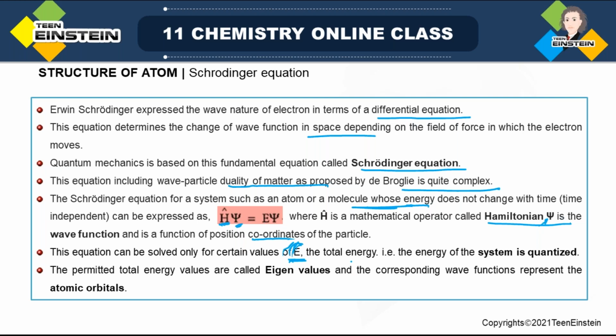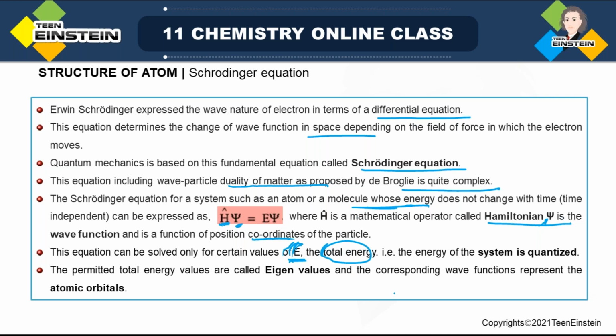If you consider attraction between electron and proton, there is attraction. If you consider two similarly charged particles like two electrons or two protons, there will be some repulsion because it is similar charge. So considering all these different energies, this total energy is expressed as capital E.